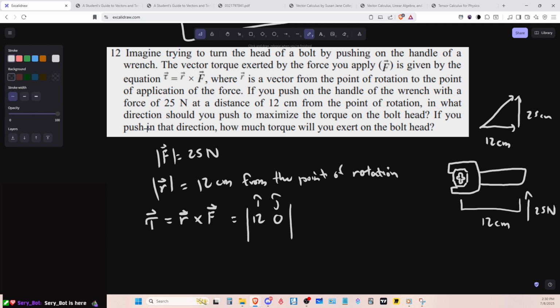A part of me is tempted to take the inverse tangent of 25 and 12, because I just don't want to make an angle that just pops out of nowhere. That's the one thing I don't want to do.